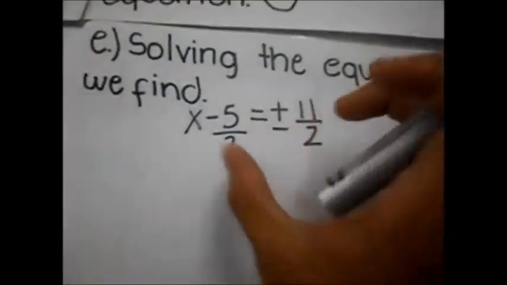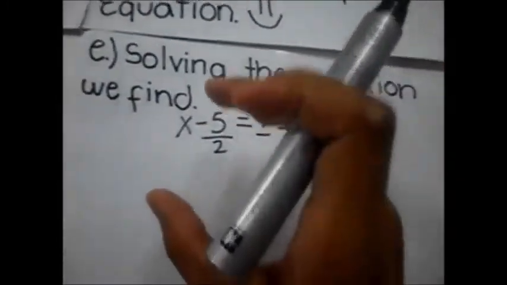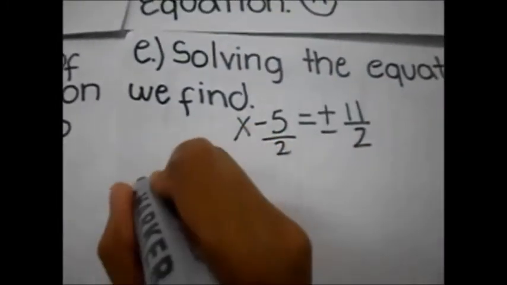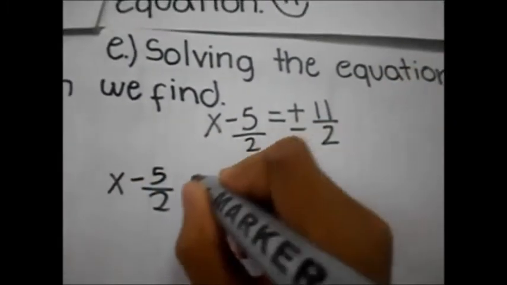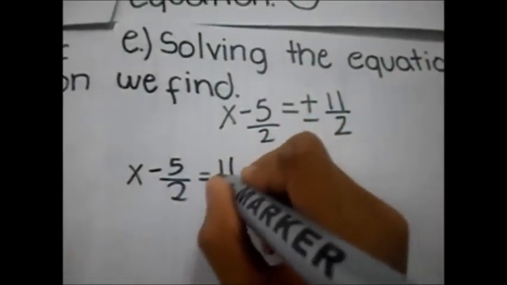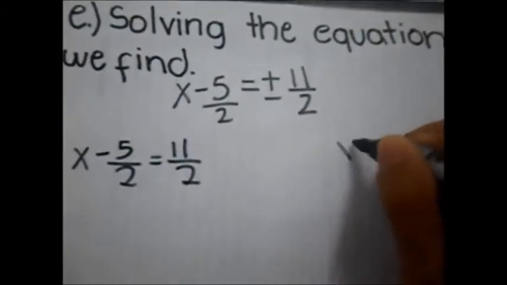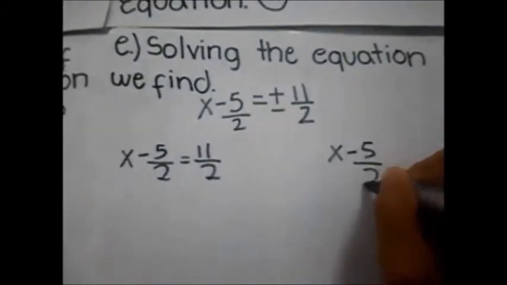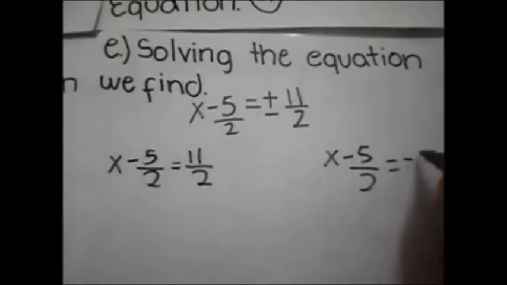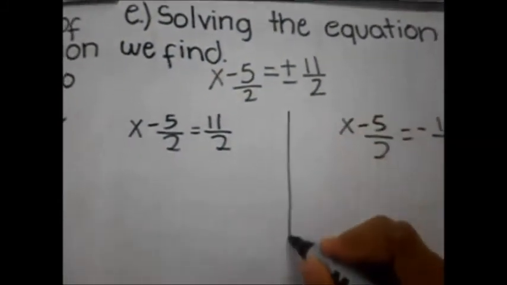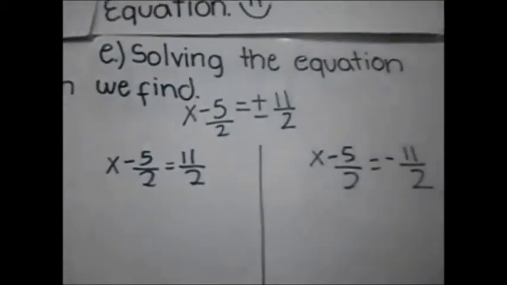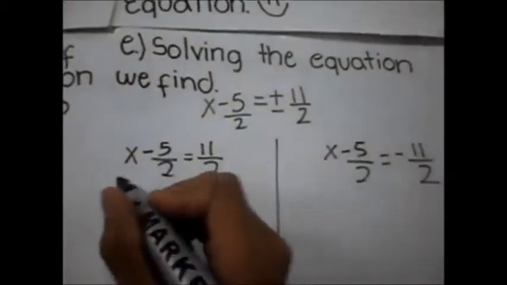We need to isolate x by solving x minus 5 over 2 equals positive 11 over 2, then x minus 5 over 2 equals negative 11 over 2. So we can find the value of x.